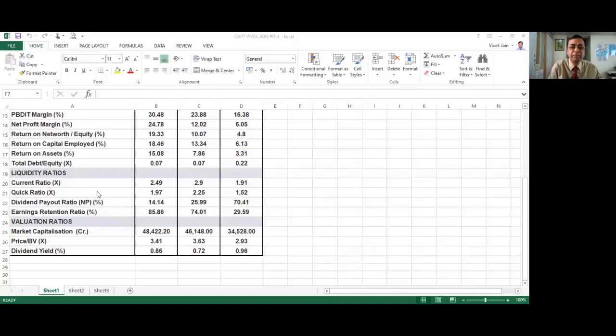Quick ratio is a bit more stringent, in which a few aspects which are not easily encashable are also removed from the current ratio, such as inventories. Sometimes companies manufacture and produce goods, and a part of those goods is kept in the stores as inventory.